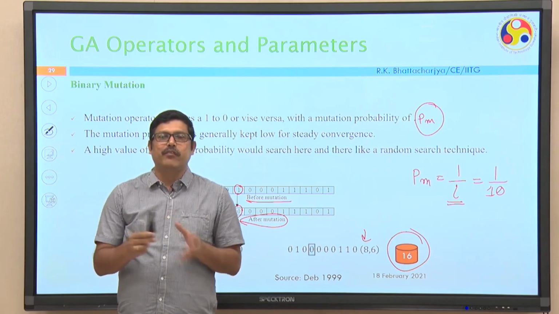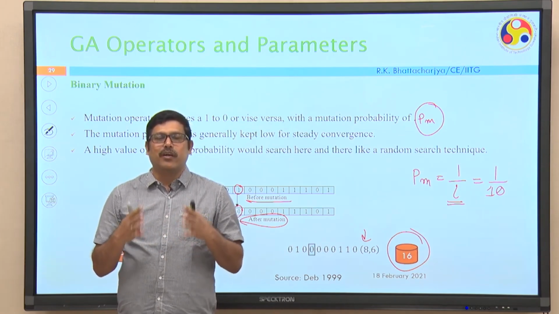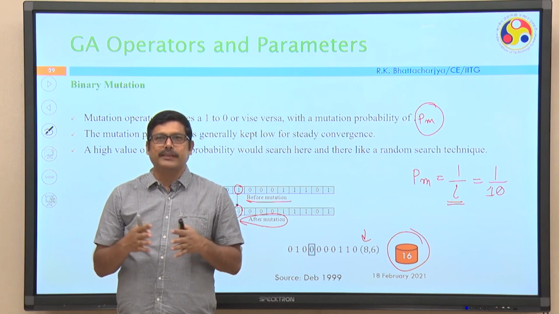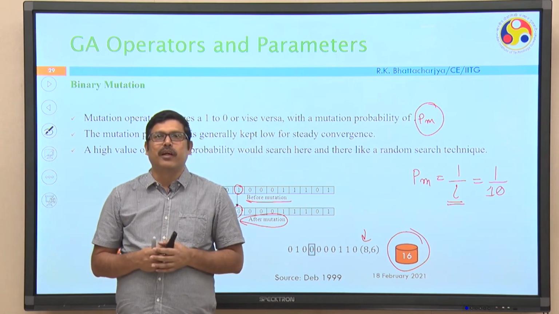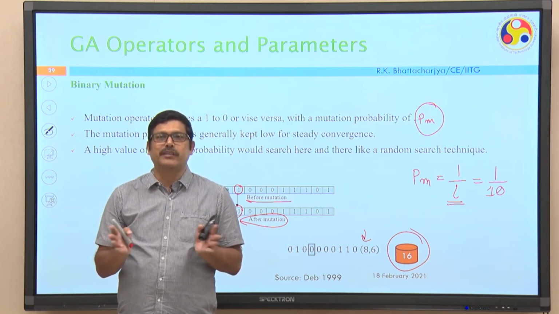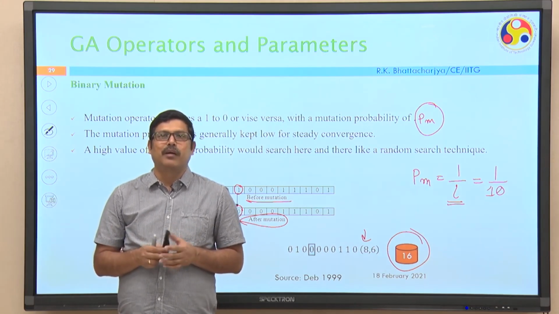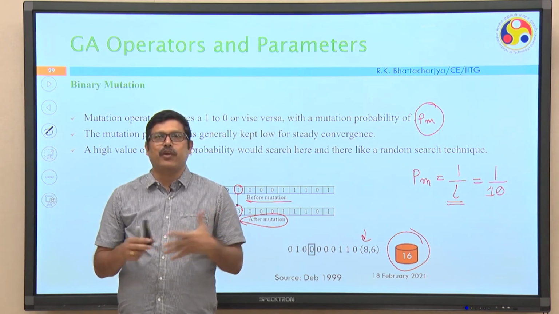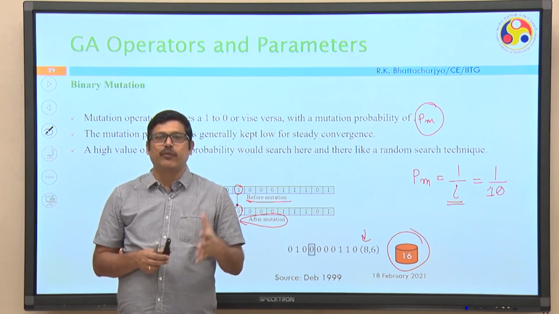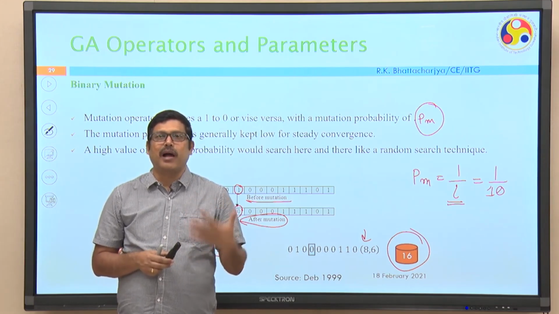Now, the difference between crossover and mutation: crossover is convergent in nature, that means you are converging towards the optimal solution, and mutation is divergent in nature, so you are going away from the optima to explore some other unexplored region. So, we have to use both of them in a controlled manner to guide the search towards the optimal solution.